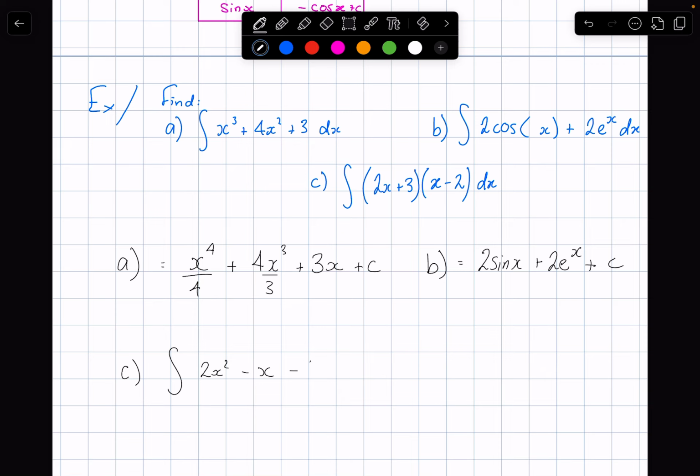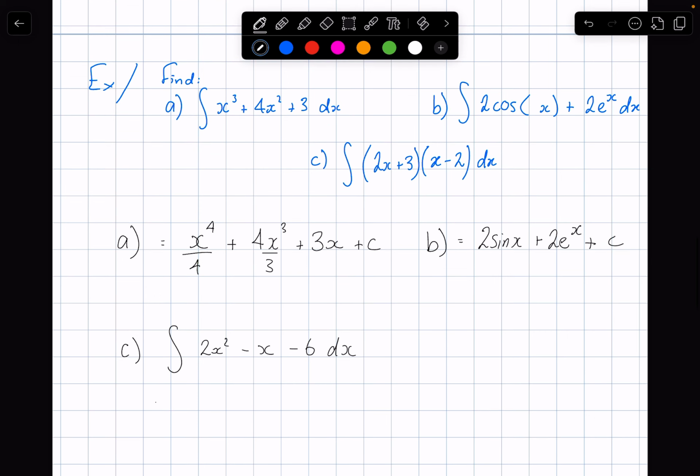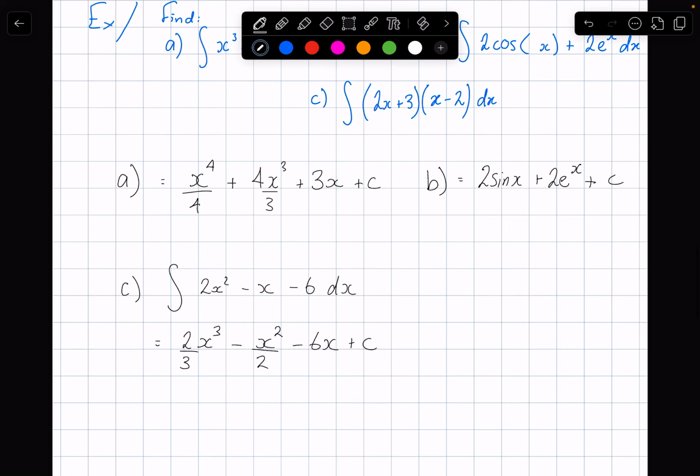And I'll have a -6 on the end. So now it's just like part A, and I can go through and do the integral of each term. So x squared, add 1 to the power, divide by the new power, minus x, add 1 to the power, divide by the new power, and 6 is by itself, so I put the x on with it, and I add c. So make sure you've got your functions in a way that you can actually do the integral.